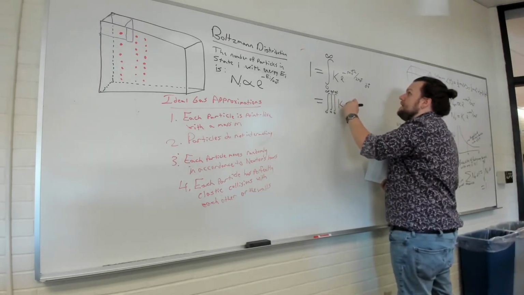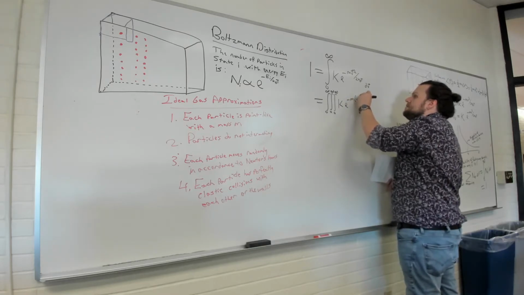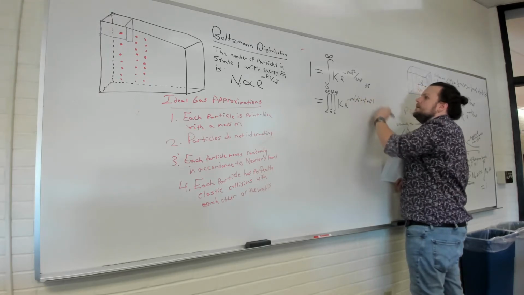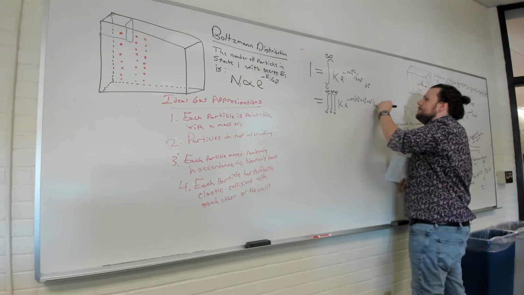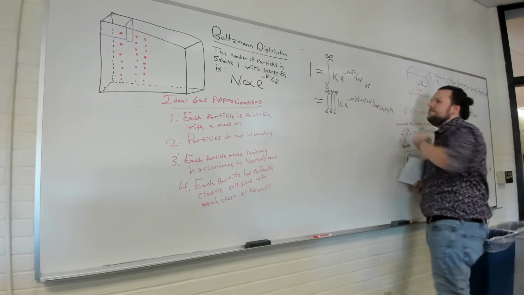So that would be k e to the minus m vx squared plus vy squared plus vz squared all over 2kT dvx dvy dvz. Scary.